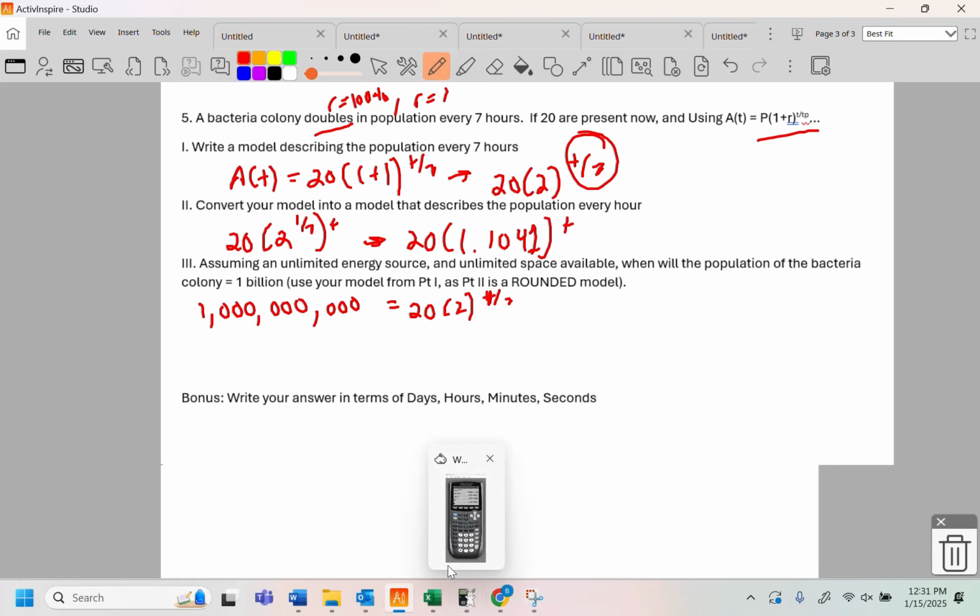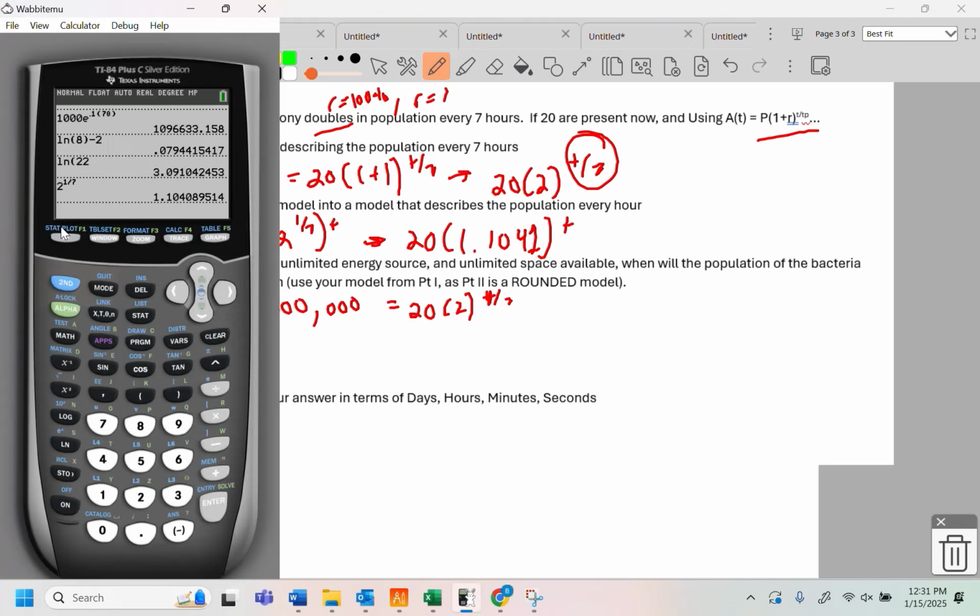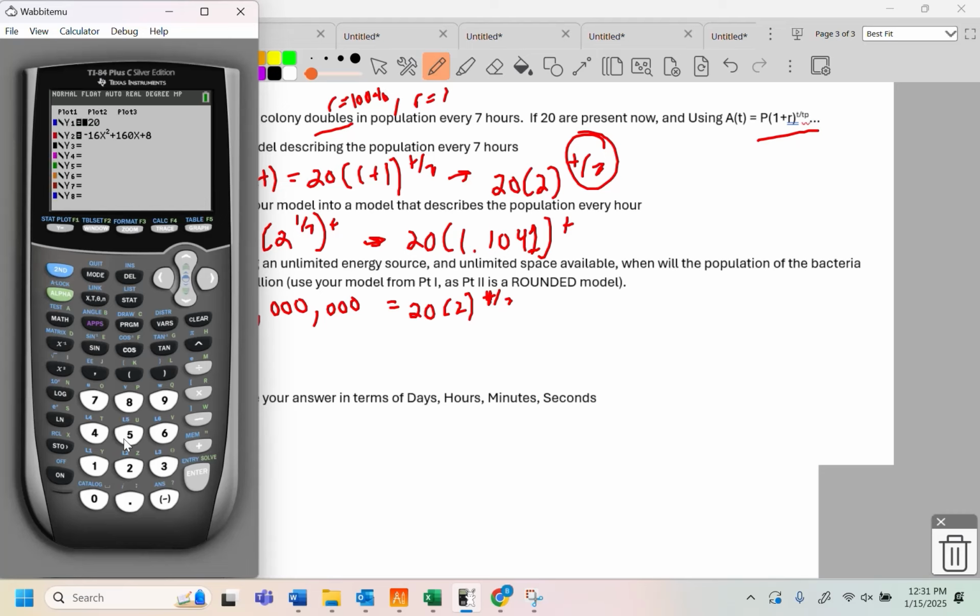All right, so let's go to our TI-84, our good old trusty calculator. Y equals 1 billion. We'll do a zoom 6, but it'll be absolutely useless to us. You should have figured that out by now.